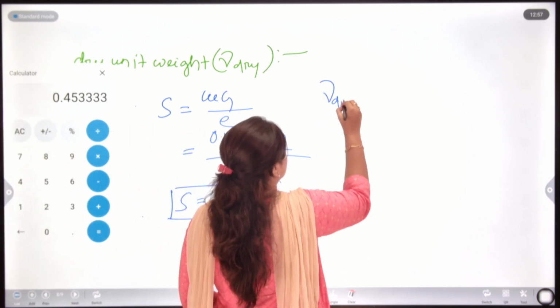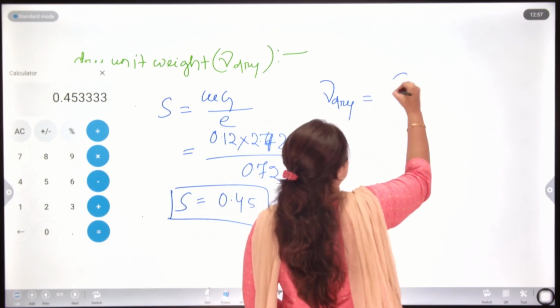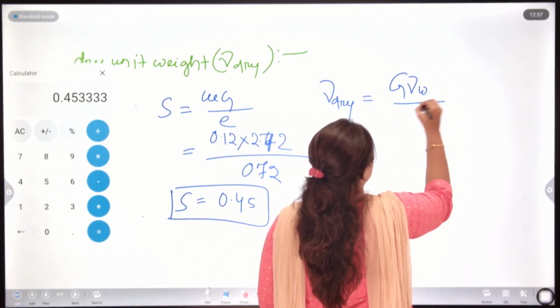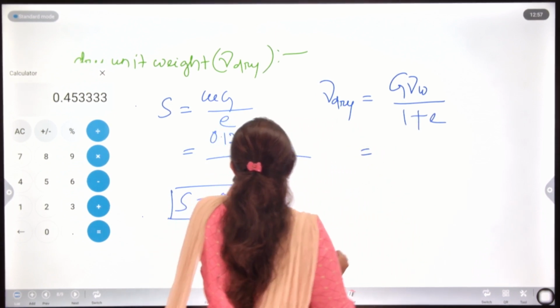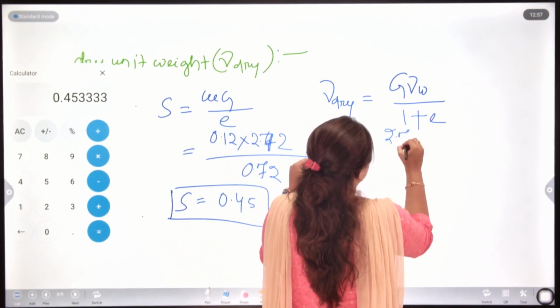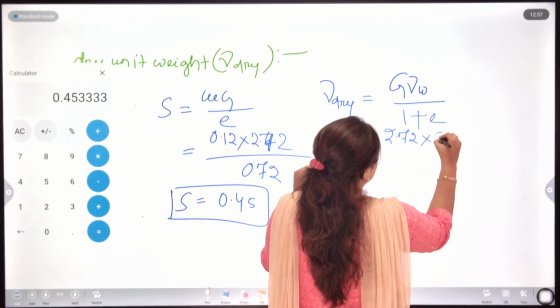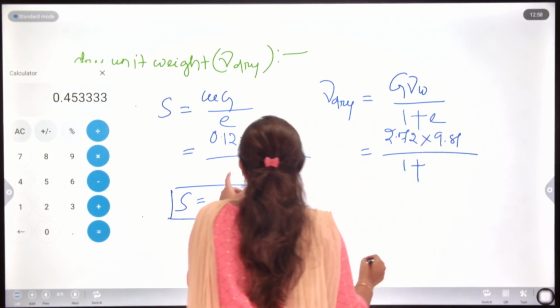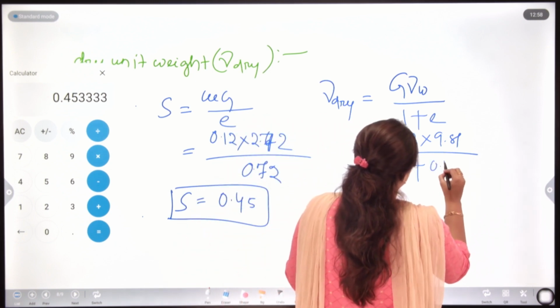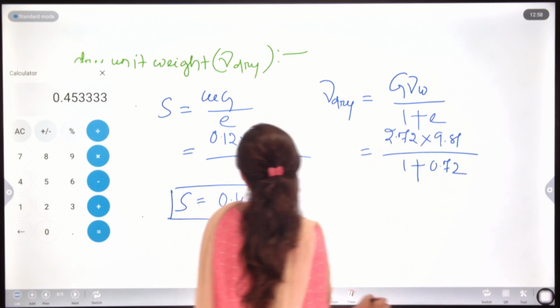We need to find what? Gamma dry. As we know, gamma dry is your G gamma W divided by 1 plus e. So G is your 2.72 into 9.81 upon 1 plus e, where e is 0.72.